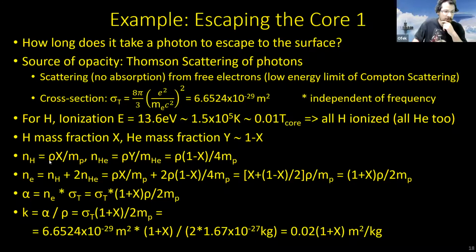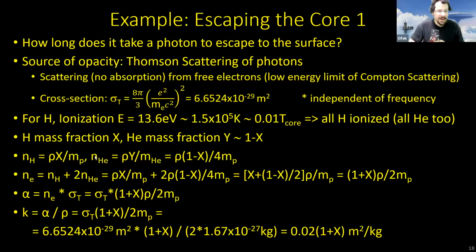So rho is the density at the core of the sun. The fraction of that density that is hydrogen is X times rho. And if you divide that by the mass of hydrogen, which is the mass of a proton, you get the number density, N_H, the number density of hydrogen atoms or protons in the core of the sun.